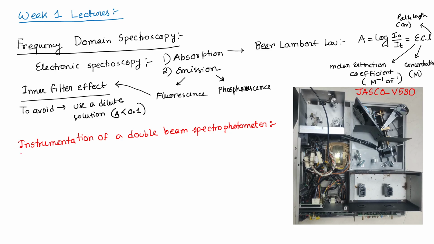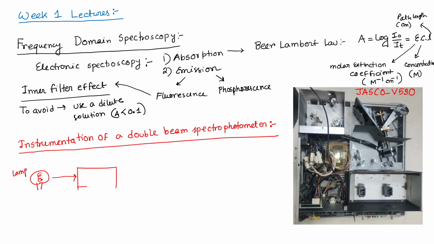The example you can see is this. I'll write down what the components are. First, obviously there is a lamp, right? So this is the lamp. The light will come. Obviously there is a monochromator. I'll write monochromator here.